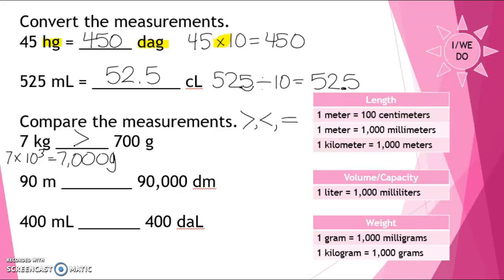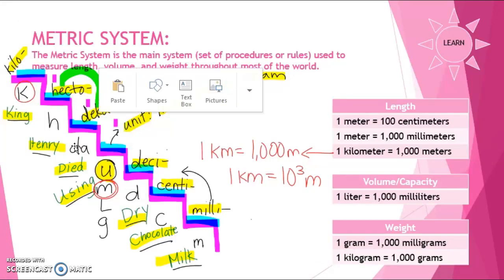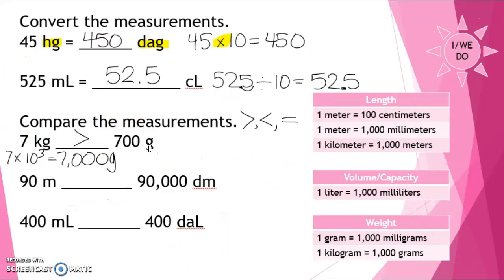Let's look at the next one. 90 meters to 90,000 decimeters. Whoa. 90 meters, which is here, to decimeters, which is 1 step down. So 90 meters is actually 900 decimeters.